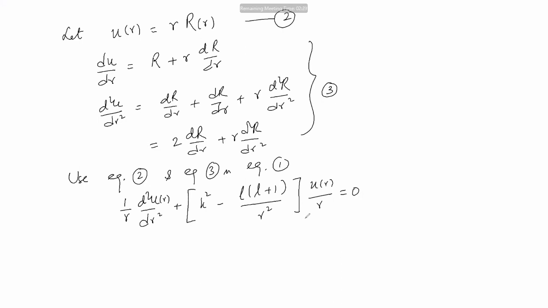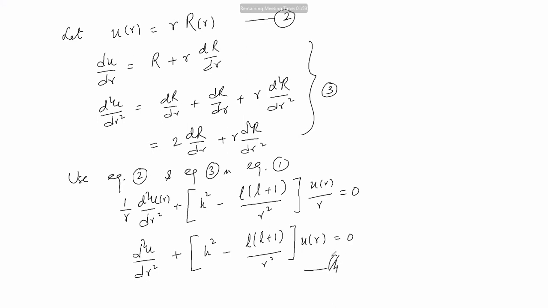Or if I multiply it throughout by r, I will get d²u/dr² plus [k² minus l(l+1)/r²] u(r) equals 0. Is it all right? Yes, sir. See, I am calling this equation number 4.